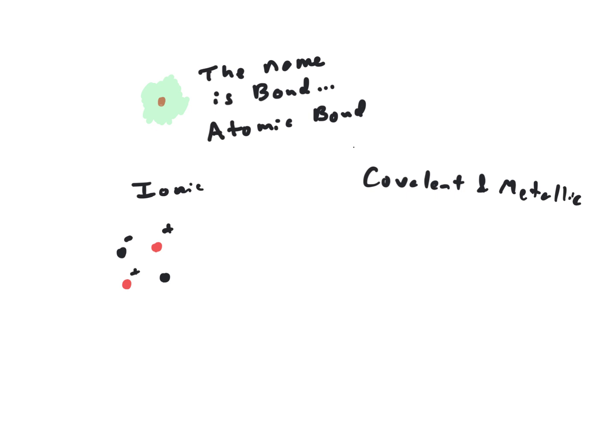What happens is the atoms will exchange electrons because it's more energetically favorable for them to do that. And then at that point, what you have are a bunch of things that are opposite charges, and so they get attracted towards each other. And what holds this together is simply just electrostatics.